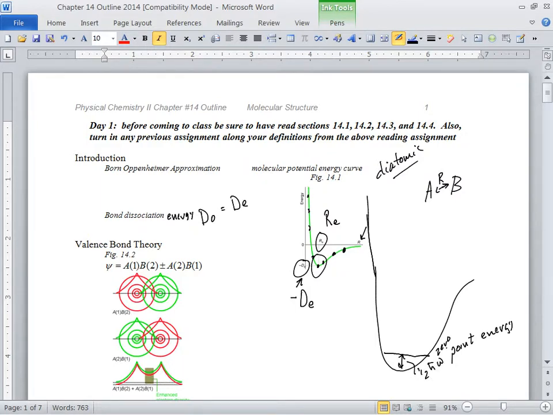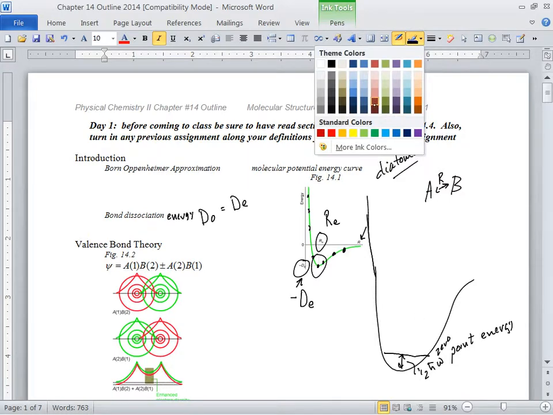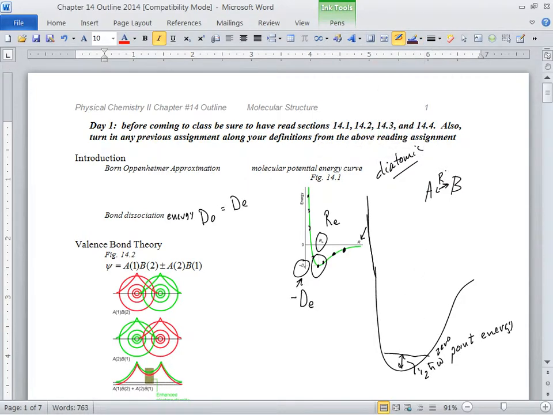So if you want to get the bond dissociation energy, it's not just the depth of the well at that equilibrium position. You have to subtract, because you can never get to the bottom. DO would be, let's make it red, if you want to break that bond, if you want to bust it up, you have to get over this height, somewhere around here.